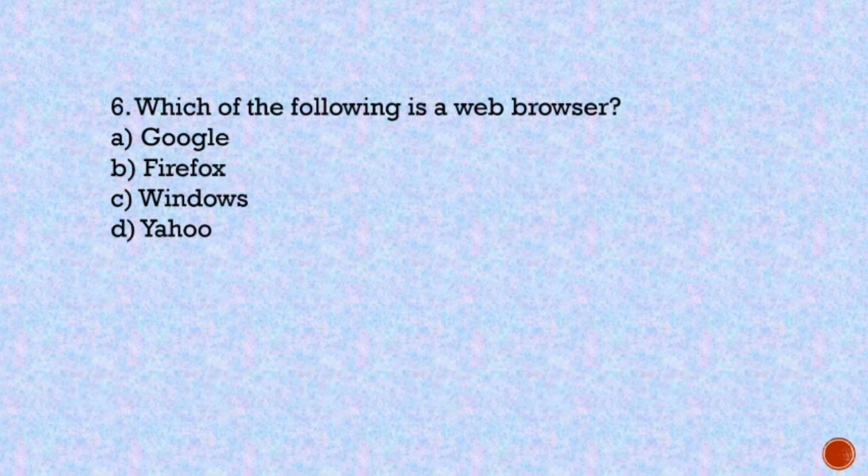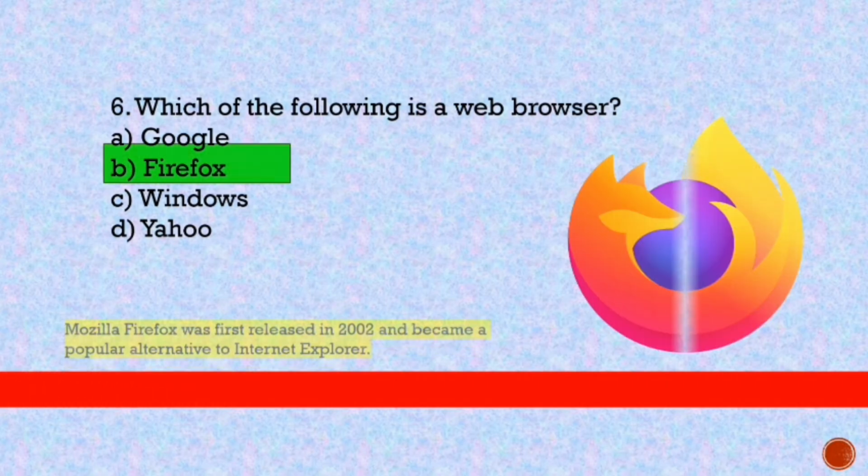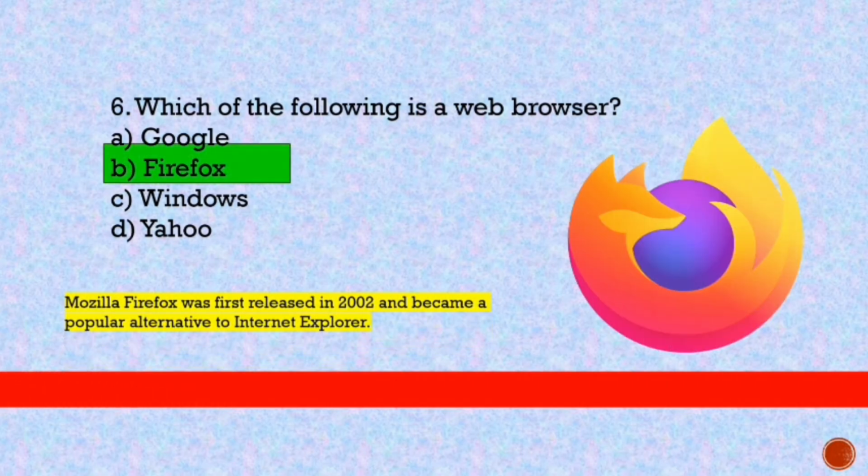The question number 6 is, which of the following is a web browser? There are 4 options. While watching these 4 options, you may think these all are web browsers, but not. Look at carefully, you will find correct answer. Okay, the right answer is Firefox.